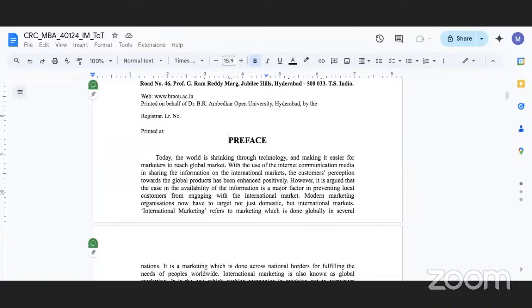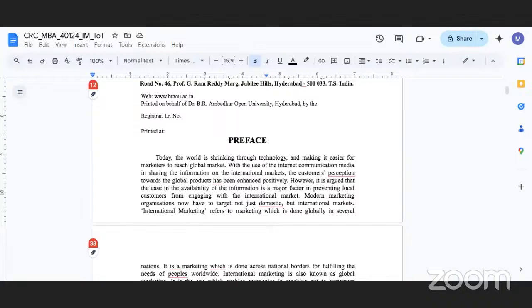So when we talk in terms of international marketing, what we need to understand is it is an extension of the domestic market, in the simplest manner possible. Most of the organizations today are working across the globe. So the perception is not just global products, but it is also to enhance the marketing that we are doing in a positive manner.